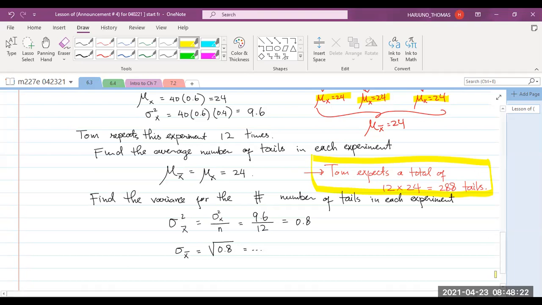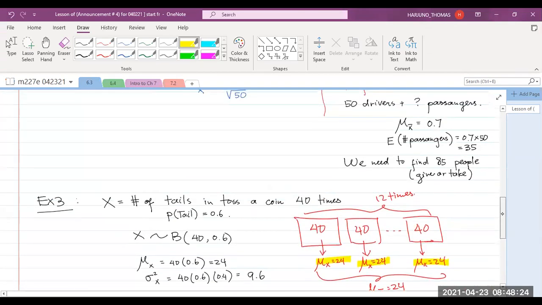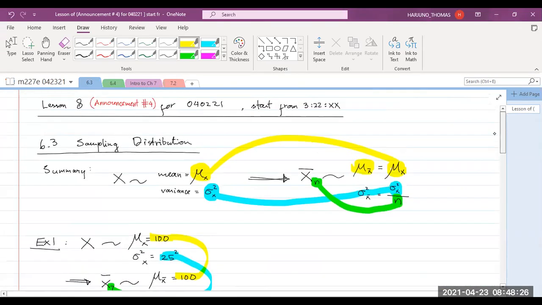Okay, at least that's what we get. Now, I did say that 6.3 and 6.4, sampling distribution and central limit theorem, are very, very closely related. A lot of 6.3 can be explained better in 6.4, but I still prefer that these two sections are separated.